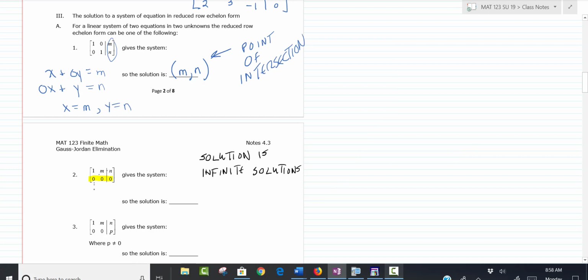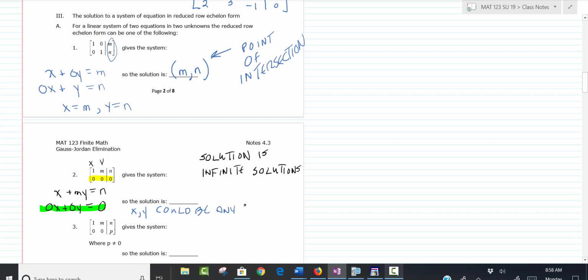See, what this problem really means is you have x and y. You have really x plus my equals n. That second equation really says 0x plus 0y equals 0. And if you look at this and think about this, then basically x and y could be anything.